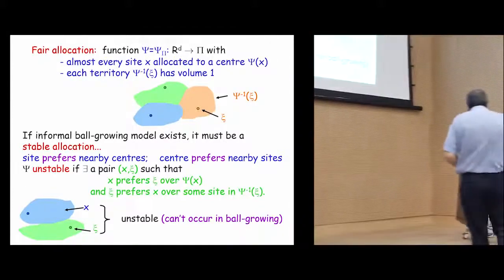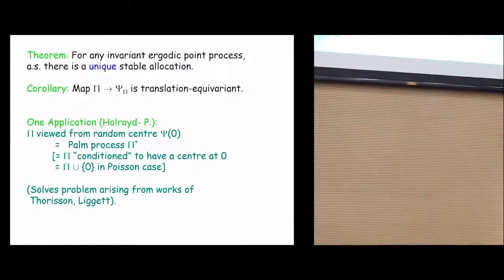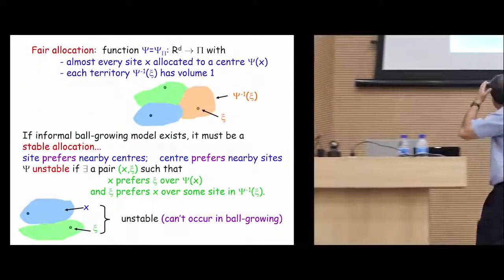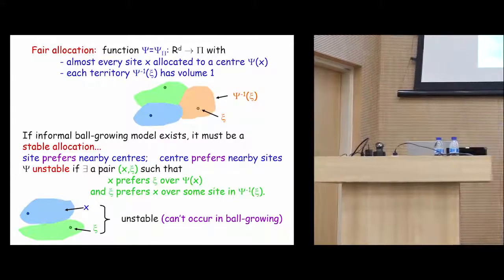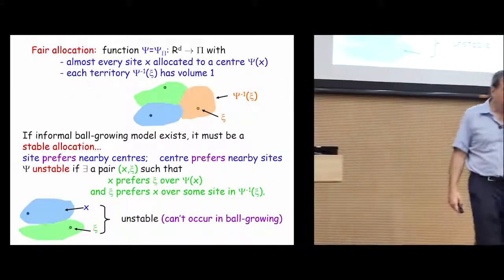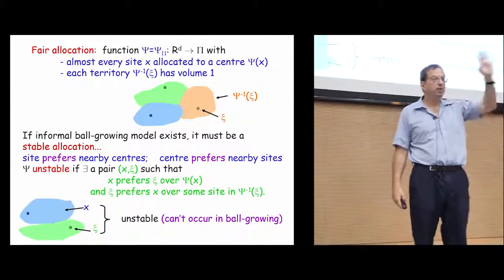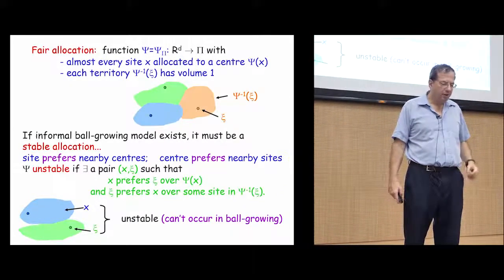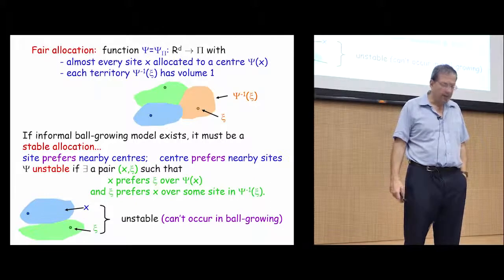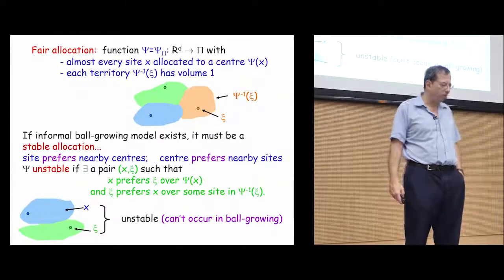This notion of stability comes from the work of Gale and Shapley. In 1962 they wrote an influential paper. It eventually led to a Nobel Prize for Shapley and Roth, since Gale passed away before the prize was awarded.